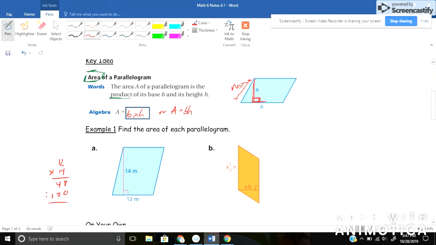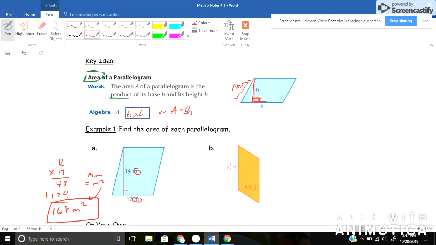Add them together and get 168. My label would be meters squared because I took this meter times that meter, and m times m simplifies to m squared. That's where this comes from. So 168 meters squared is the area of that blue parallelogram.